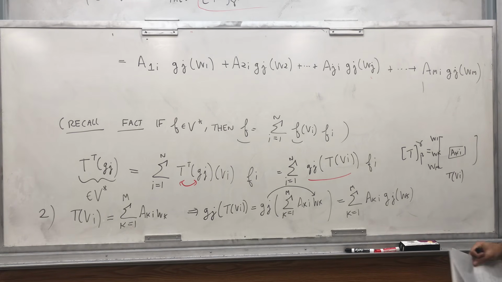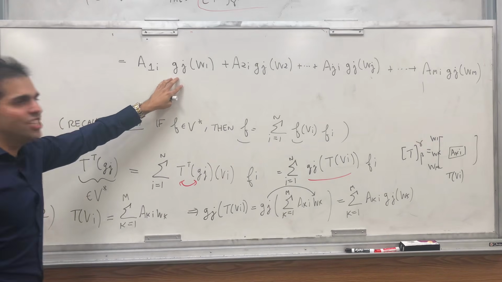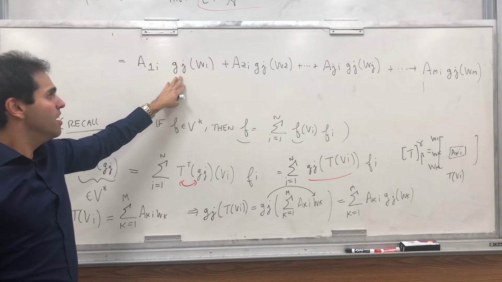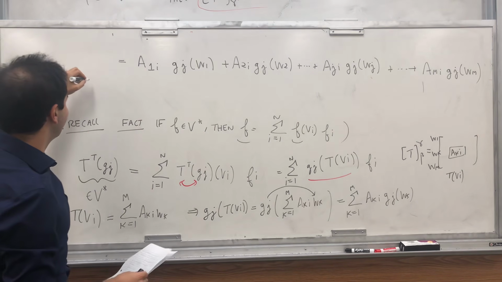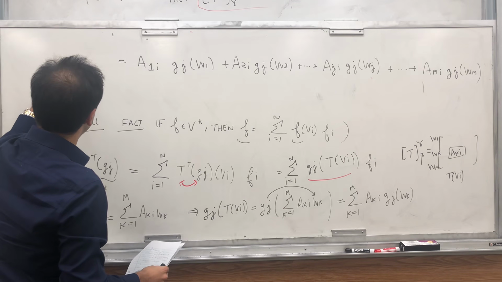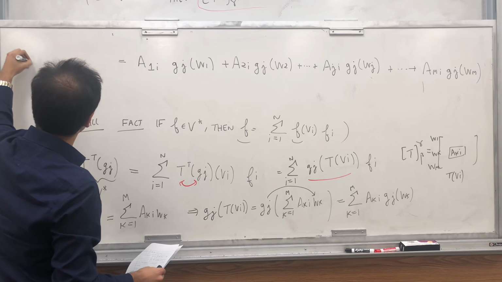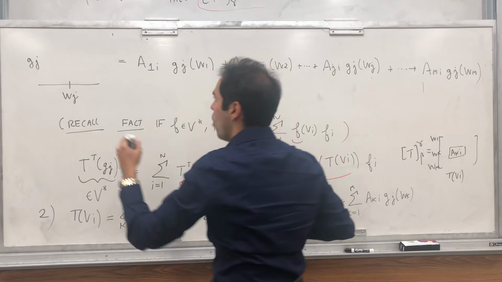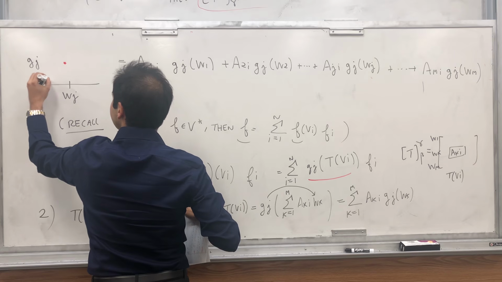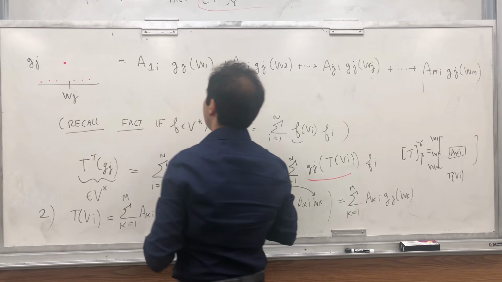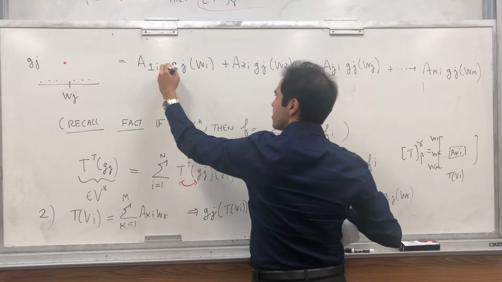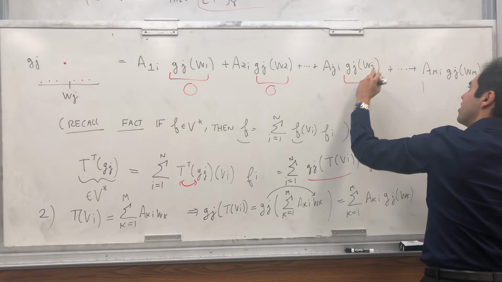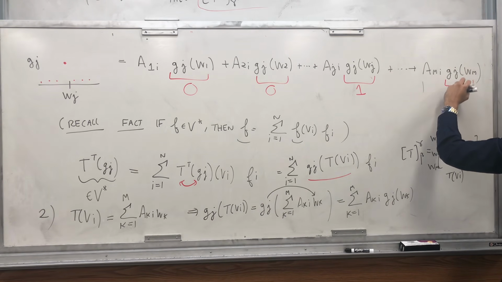Why is that important? Because remember, the Gj's, they're dual basis vectors. In particular, they're either 0 or 1. And when are they 1? Precisely at the Wj's. So Gj is 1 at Wj and then 0 everywhere else. In particular, let's look at those terms. This becomes 0. This becomes 0. This becomes 1. This becomes 0.